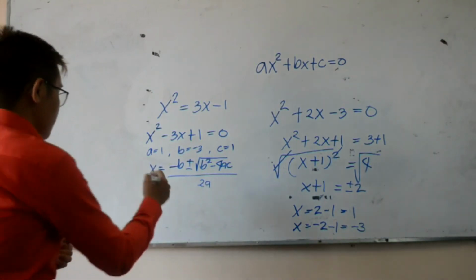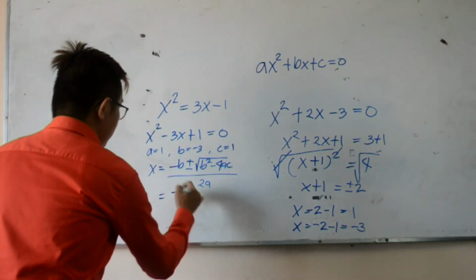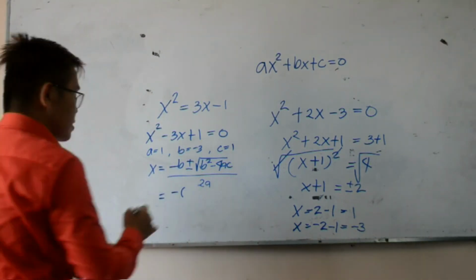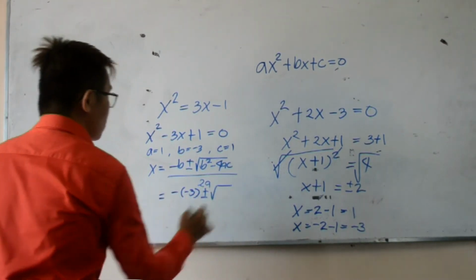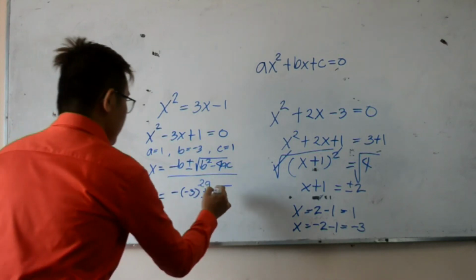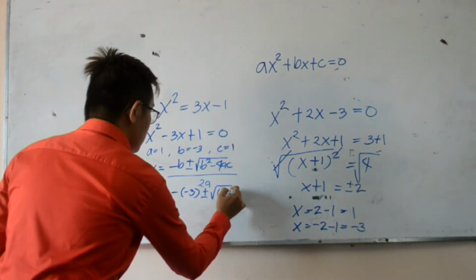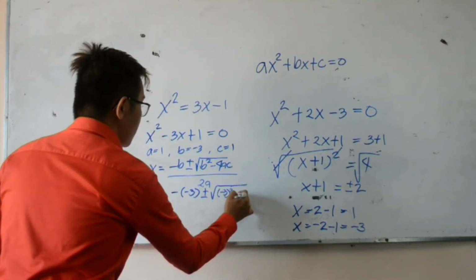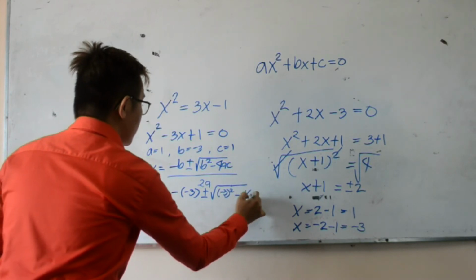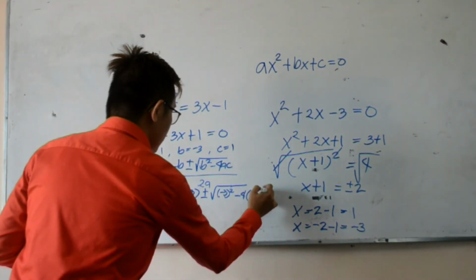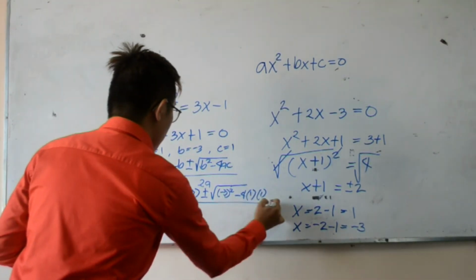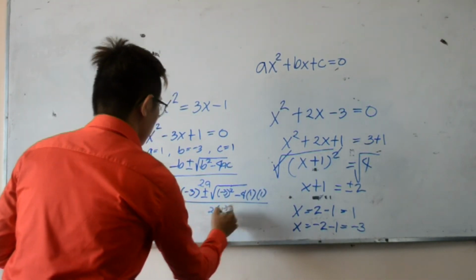So we have negative, substitute the value of our b, which is negative 3, plus and minus the square root of, what is the value of our b? It's negative 3 squared minus 4 times, what's the value of our a? 1, and our c is 1, all over 2 times 1.